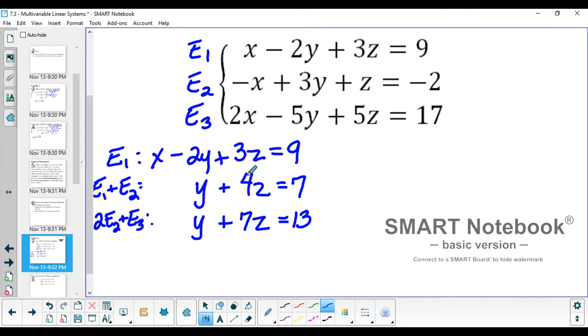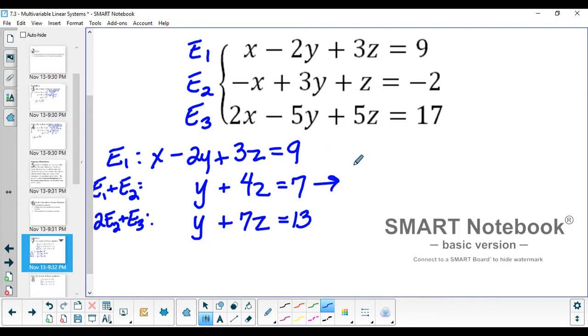Now my first equation is good, my second equation is good. When we talk about equation 1, equation 2, equation 3, it's always from the most previous iteration of work. So now this is my new equation 1, this is my new equation 2, this is my new equation 3.